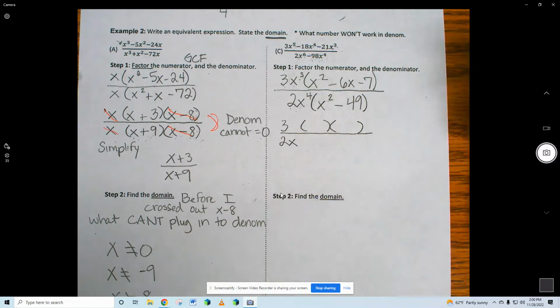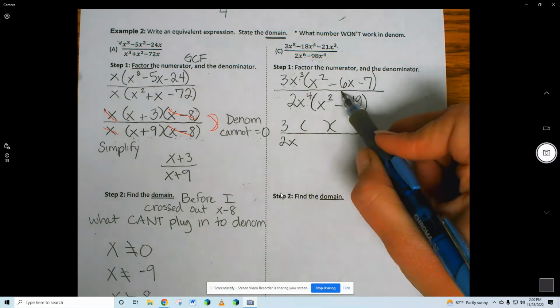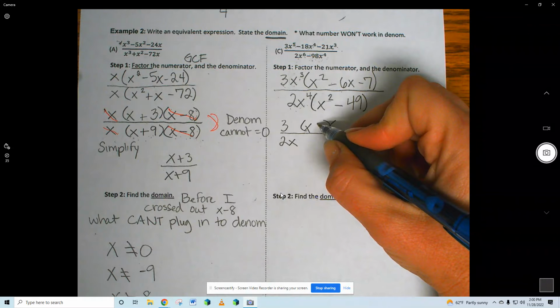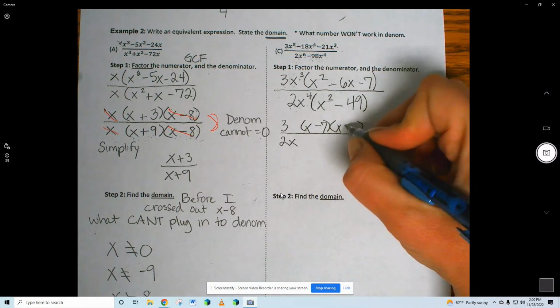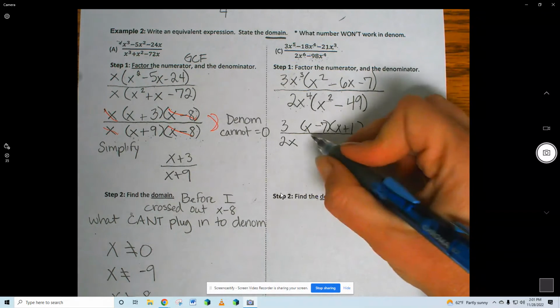And if you don't say anything, then I'm just going to sit here and there's going to be dead air on the video. Multiplies to make -7, adds up to -6. X minus 7, x plus 1? Okay. X squared minus 49 is what?